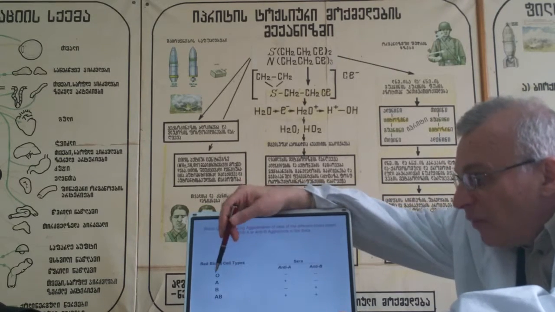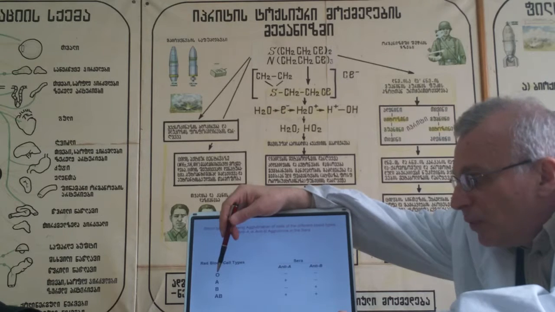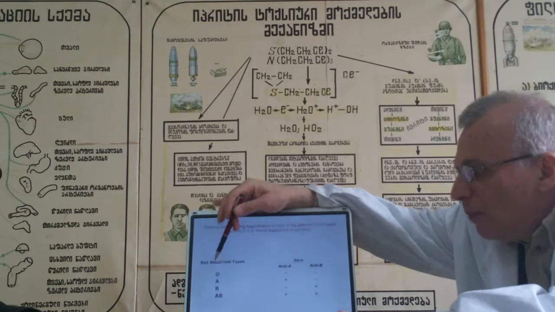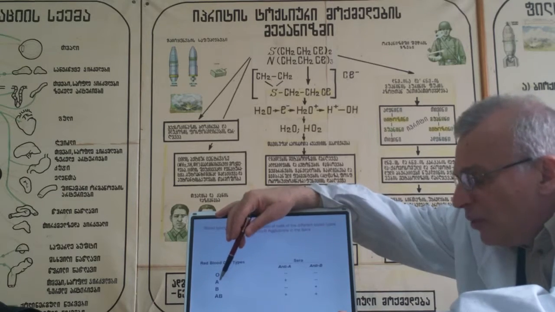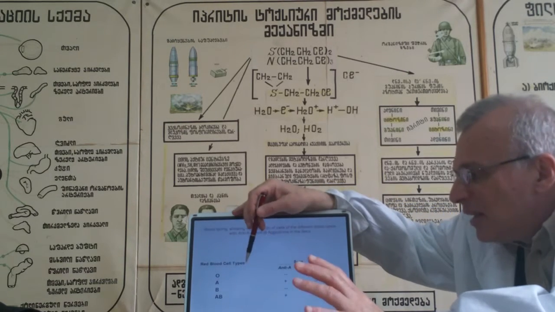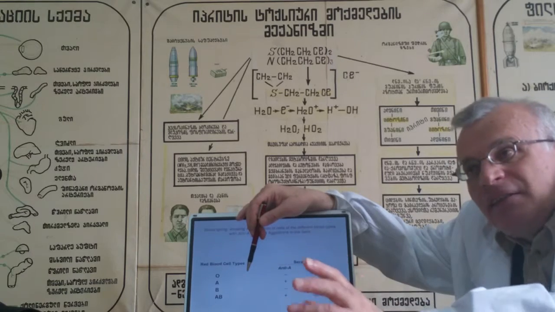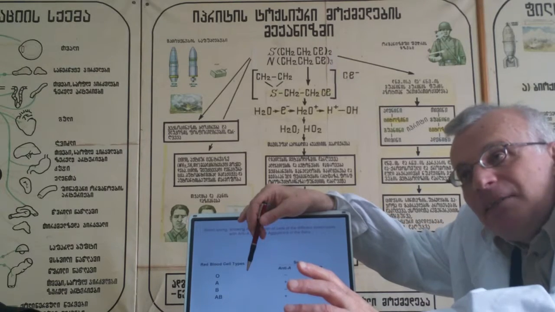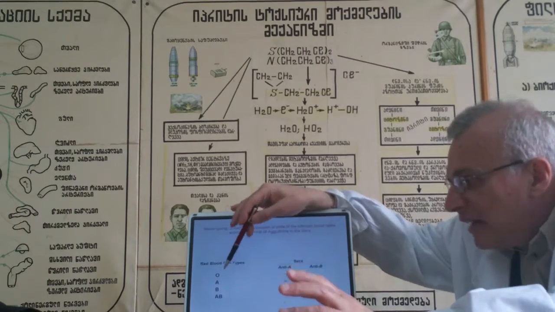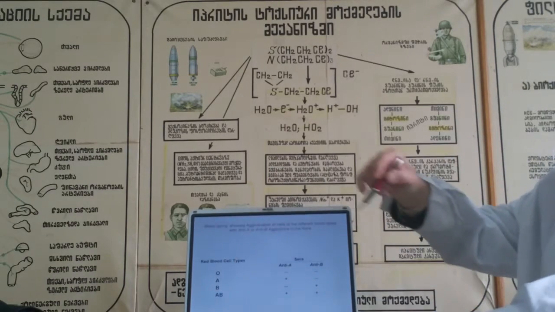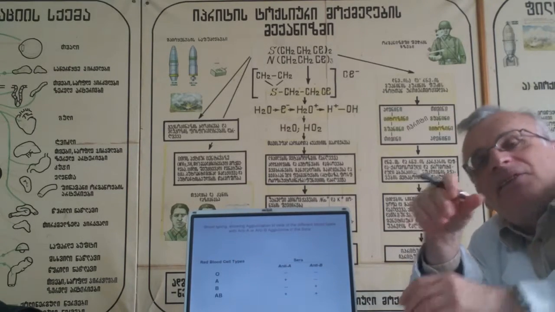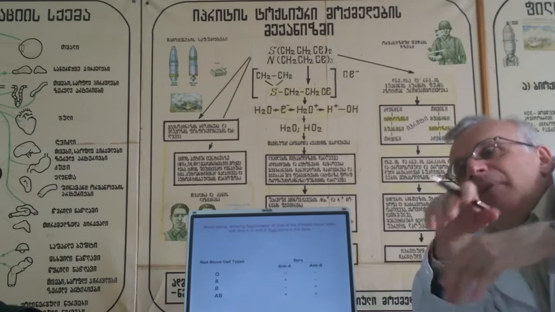And for example, if you transfuse this group here, usually when it's a small amount, about 500 milliliters, this 500 milliliters is dissolved in the 5 liters.